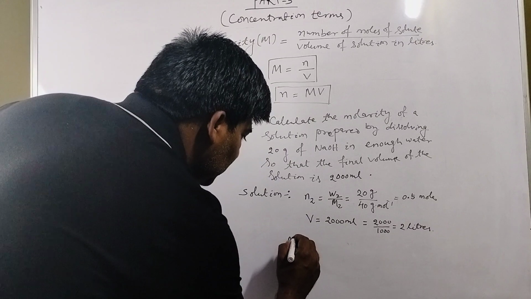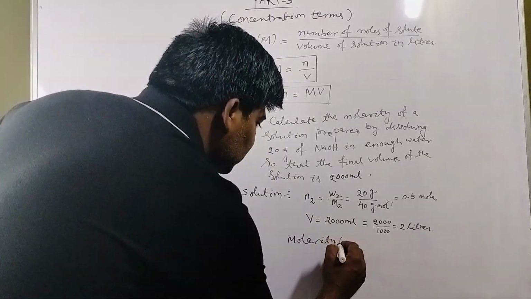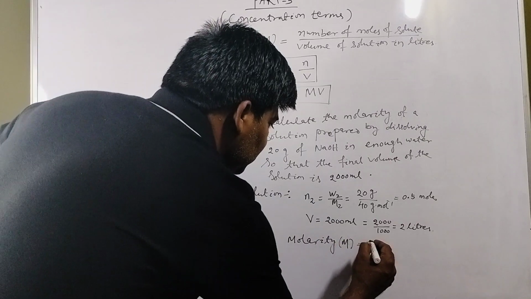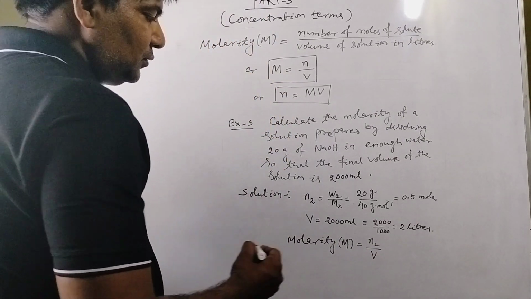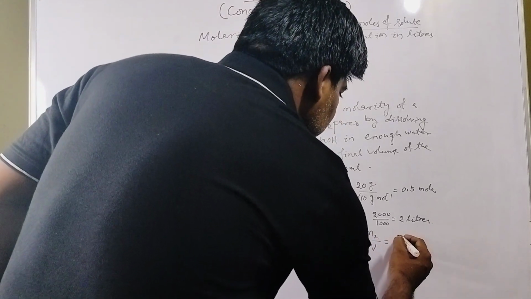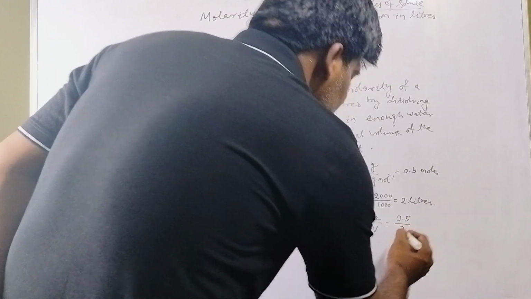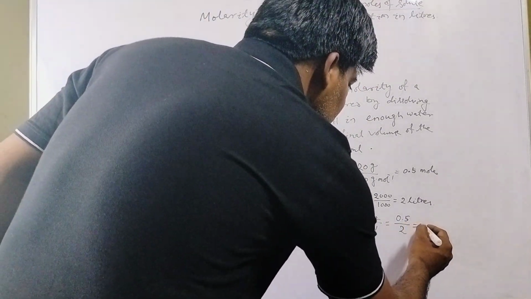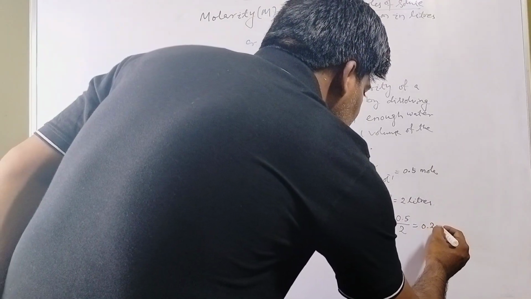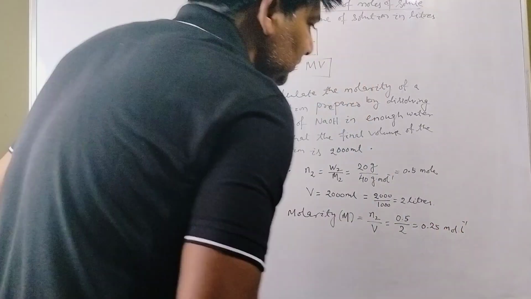Now molarity of the solution given by capital M is equal to N2 by V or N by V. Here we have taken N2, so you can put that 0.5 by 2. Okay, that gives 0.25 mole per liter.